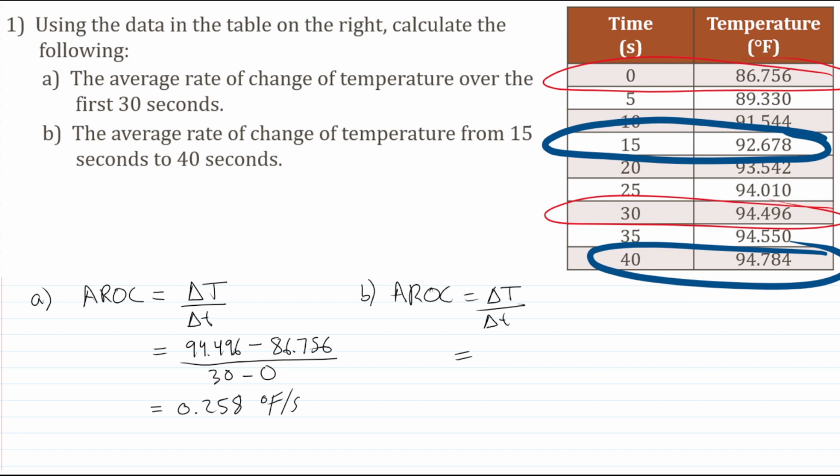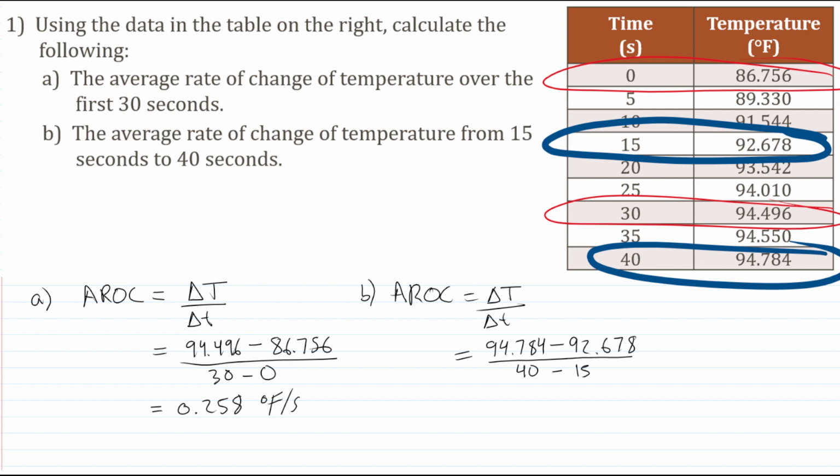And again, we'll find our change in temperature by subtracting our 2 temperature values. So we have our second one, which is 94.784, minus our first, which is 92.678. And divide that by the difference in our times, which we can get by doing 40 minus 15.